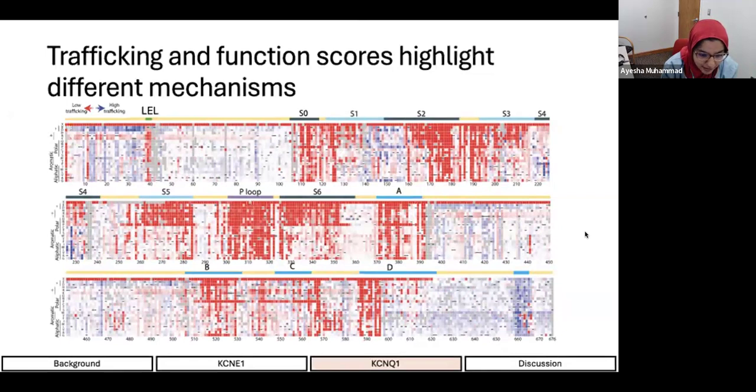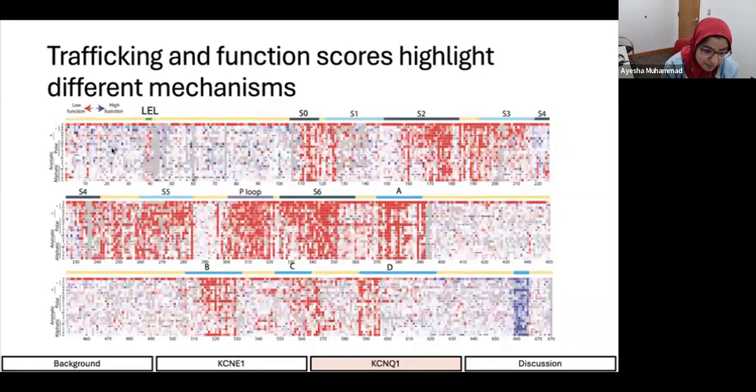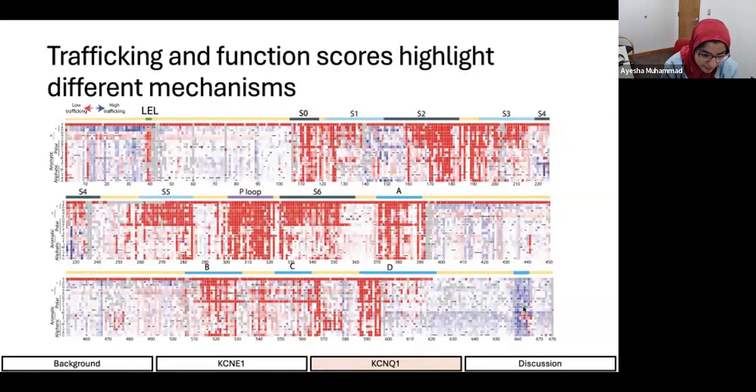So some of the big things to notice is that there are some gain of trafficking variants that we see proximal to the cellular localization motif that we don't necessarily see in the functional assay. And then the ubiquitination motif is actually more strongly gain of function than it is gain of trafficking.